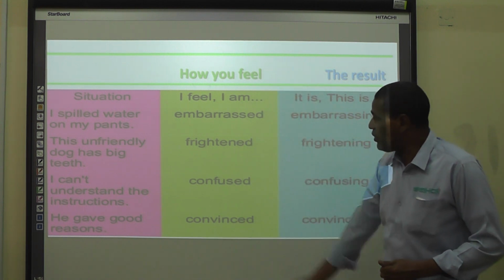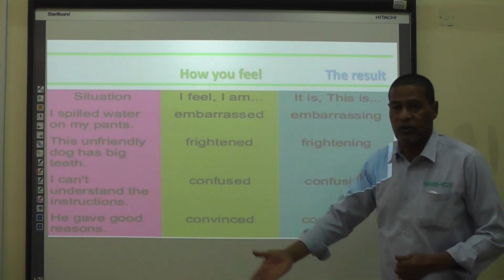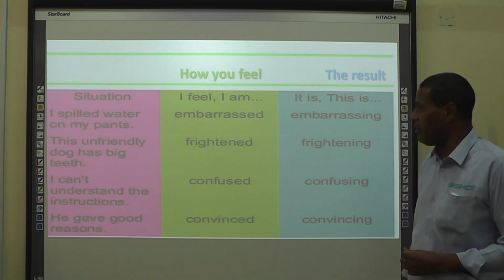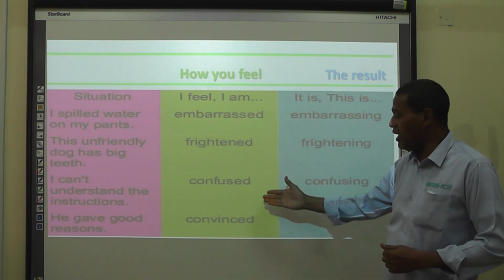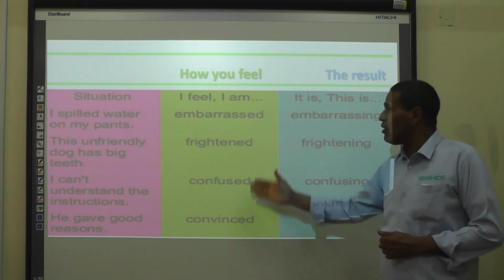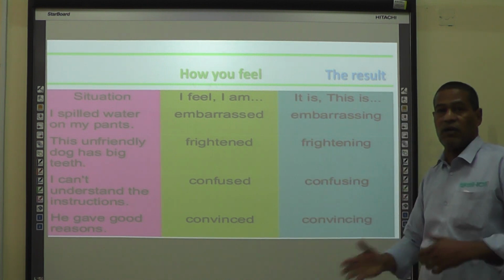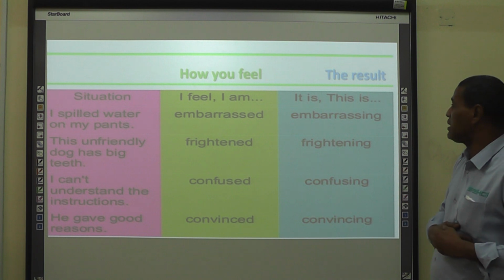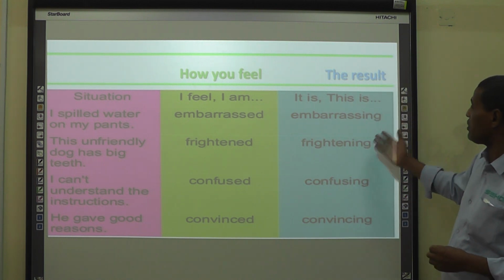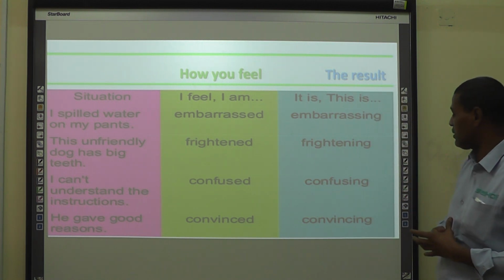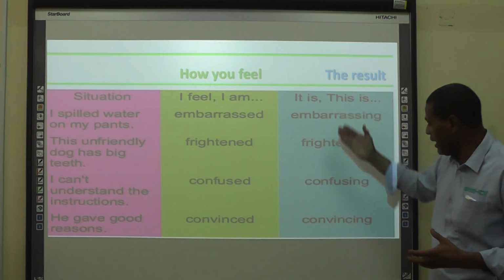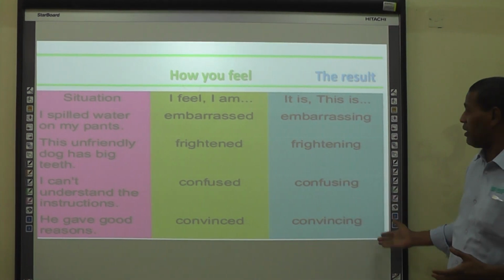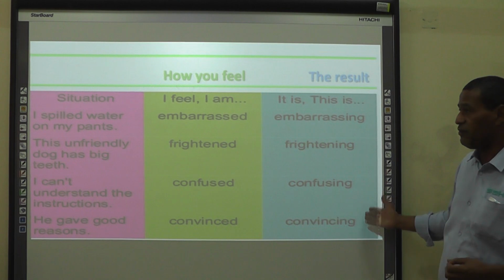So if you are going to talk about how you feel about the reasons that he gave, you can say, I feel convinced or I'm convinced by the reasons he gave. If you are going to talk about the result, you can say it is convincing or this is convincing.